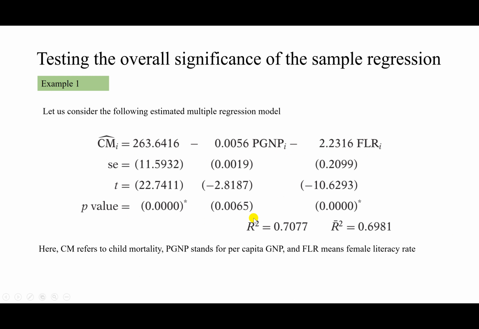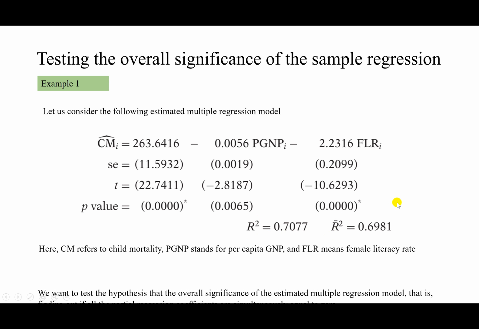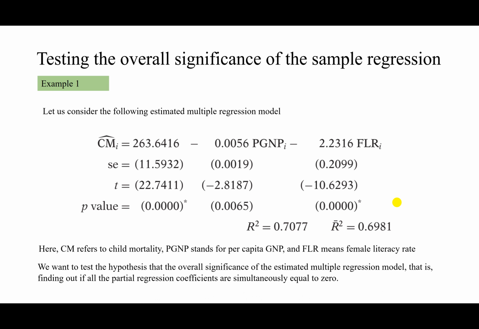R square is called the coefficient of determination. Here the value is 0.7077 and this term is called adjusted R square. So now we want to test the hypothesis of the overall significance of the estimated multiple regression model, that is, finding out if all the partial regression coefficients are simultaneously equal to 0.